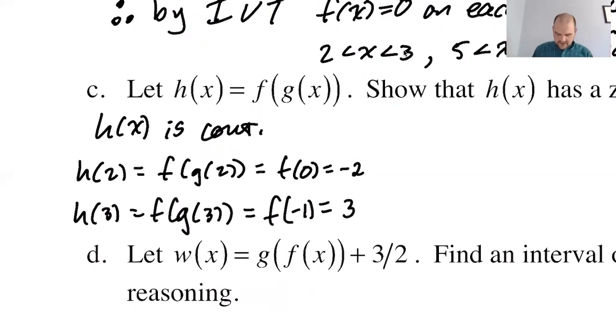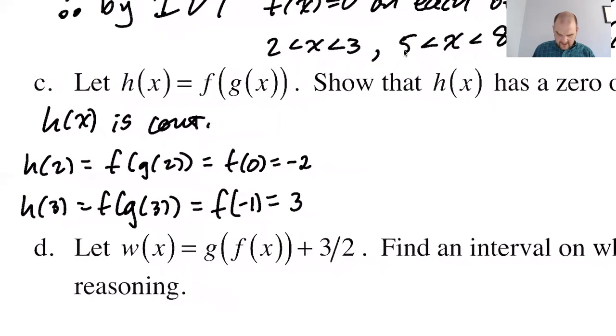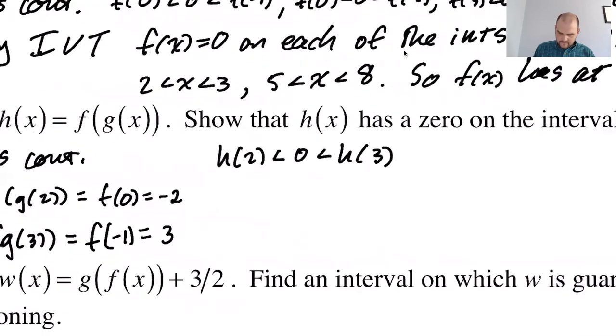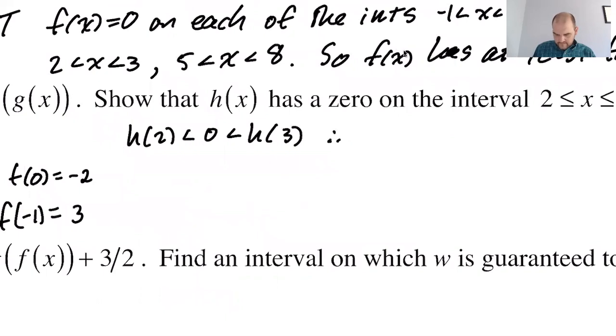So h of x is continuous. And then I'm going to say that h of 2 is less than 0 is less than h of 3. Therefore, through the three dots, like dots in a triangle, which is shorthand for therefore, you can use that all the time. I recommend it.